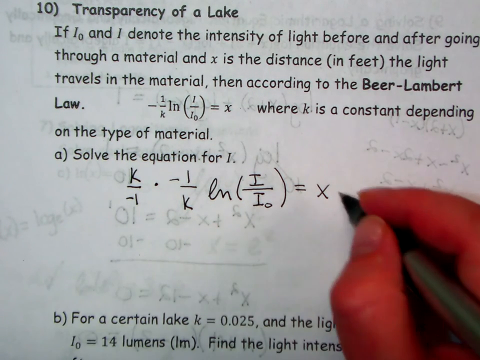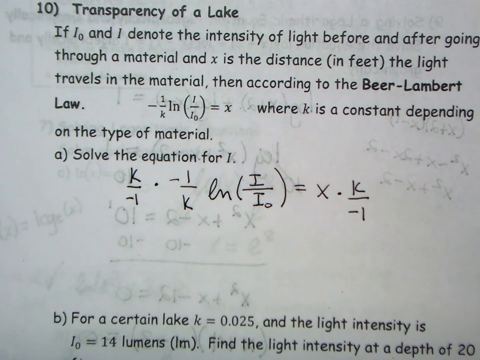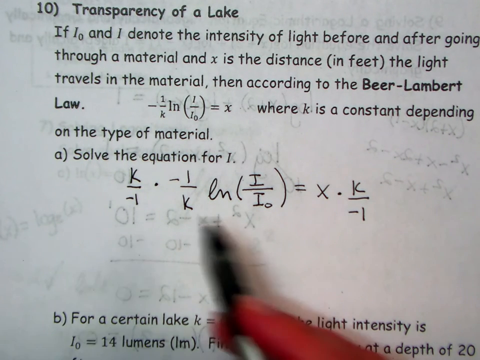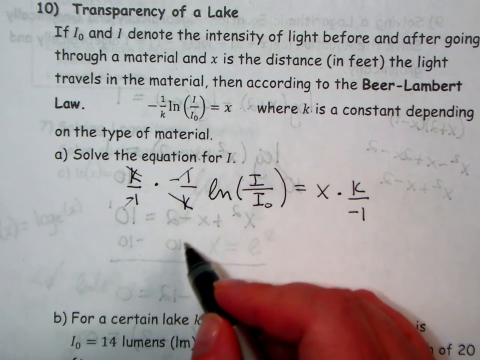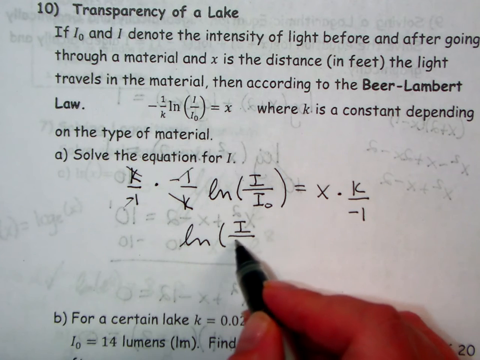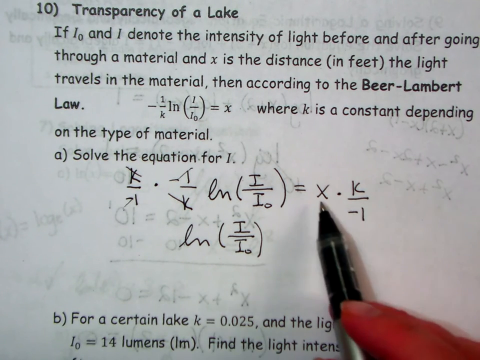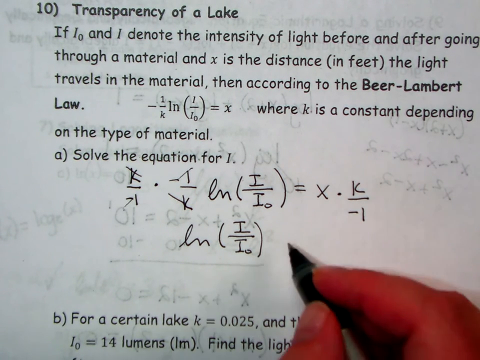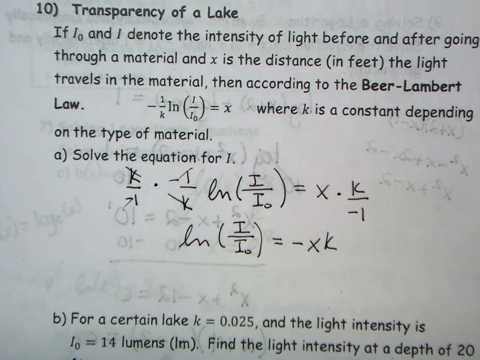If I multiply the left-hand side, I have to multiply the right-hand side by the same reciprocal. So the negative 1's will cancel, the K's will cancel, and I'm left with ln of I divided by I sub 0 on the left-hand side. On the right-hand side, we have xk over negative 1, or I can just write that as negative xk.